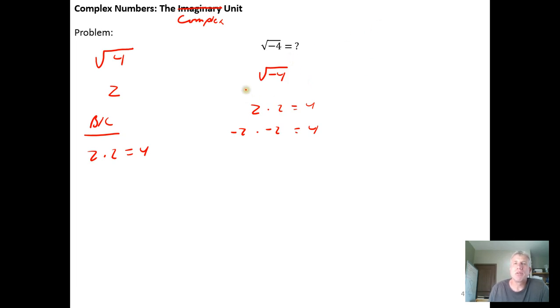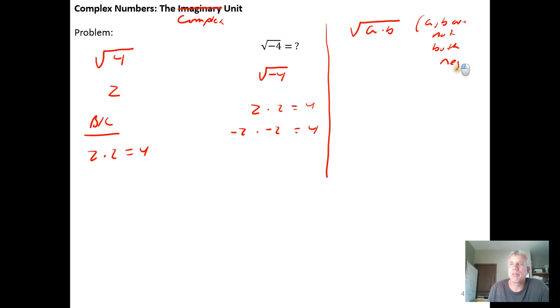So what we do is we use a result from previous courses where if we have the square root of a times b, and a and b are not both negative numbers, we know that the square root of a times b can be rewritten as the square root of a times the square root of b. So this is a result from probably Algebra 1, maybe even prior to Algebra 1.